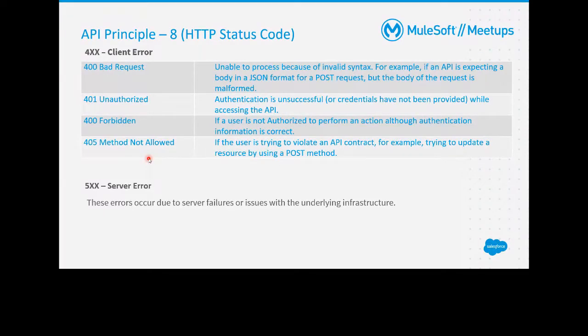Next come the 5xx errors, which are the server errors. Whenever you are trying to access a particular API and it is not able to handle that request for some reason, it often gives out a server error. It can be an internal server error, or maybe you are talking to some other resources, and that is failing.